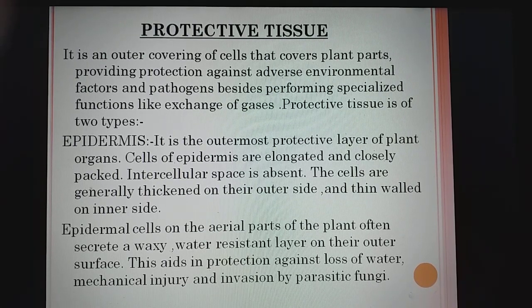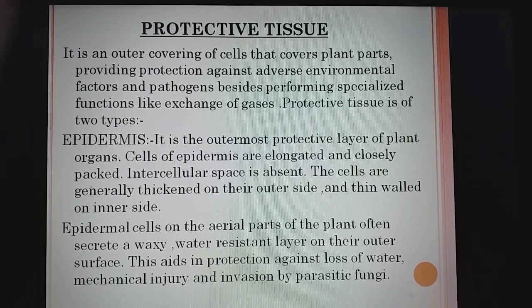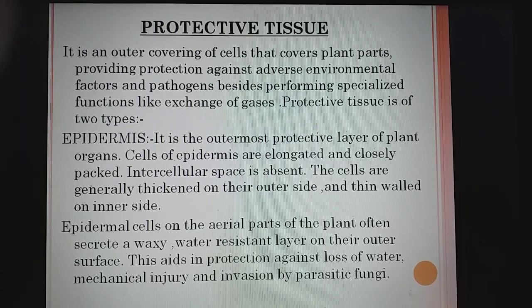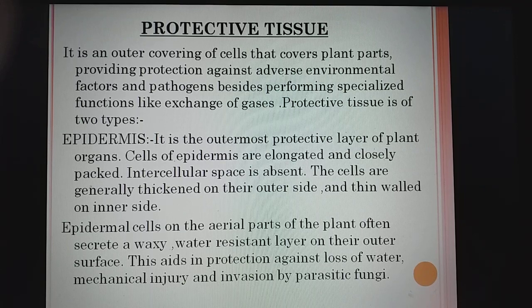Cells of epidermis are elongated and closely packed. Intercellular space is absent. The cells are generally thickened on their outer surface and thin walled on the inner surface. Now you listen carefully. As it is a protective layer, it does not have any intercellular space, because this layer has to protect the plant.